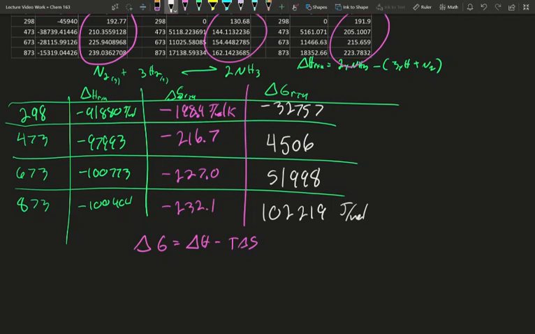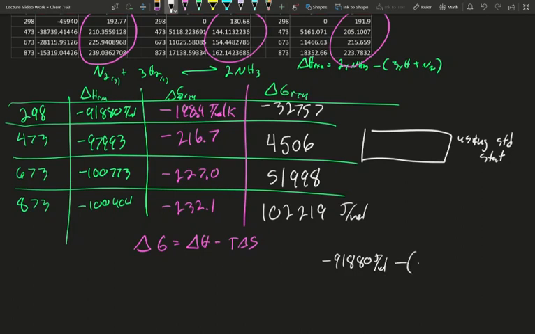If we'd attempted one of these calculations without using the corrected values, let's just check at 473 using standard state. In this case, we would be taking our negative 91,880 joules per mole for delta H, subtracting from that T delta S, but instead of using the standard state 298, we would plug in the 473.